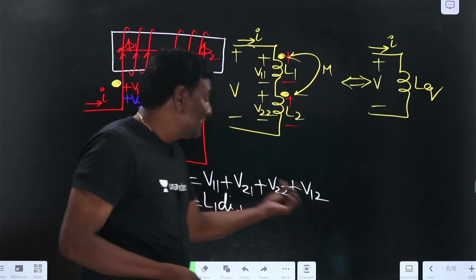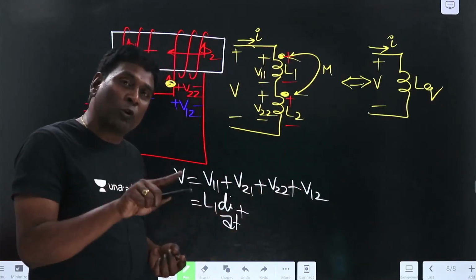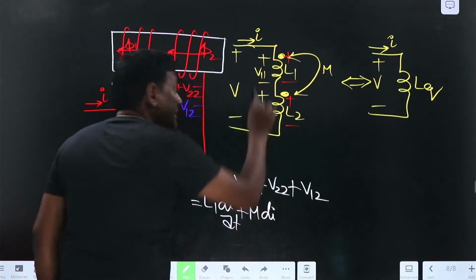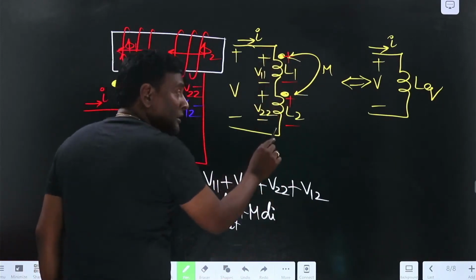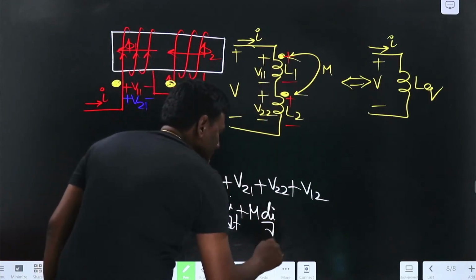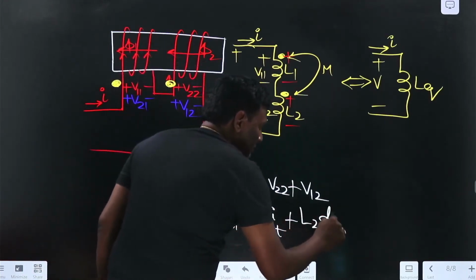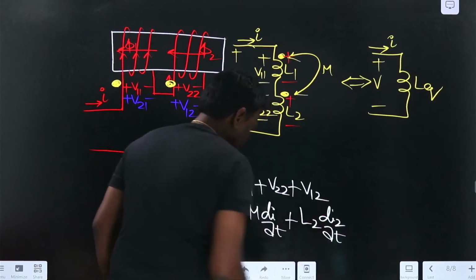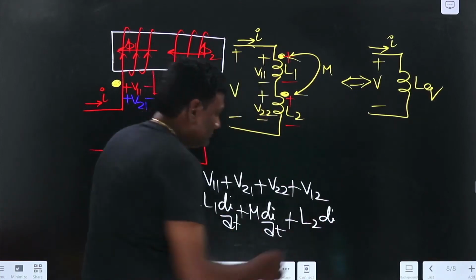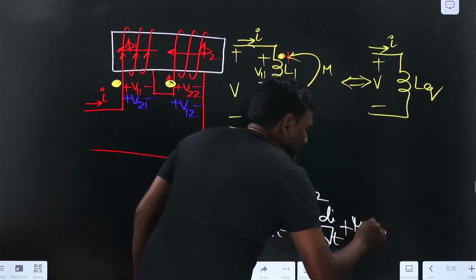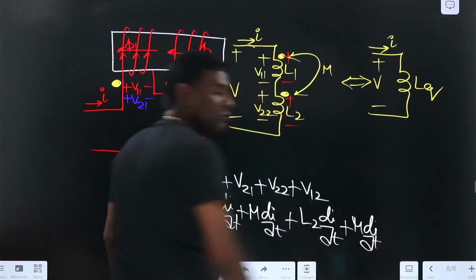Voltages can be different, but mutual inductance M12 equals M21. So directly I can write M times, because the current is I only, plus V22, so L2 into self di by dt, plus M di by dt, because everywhere the current is going to be the same.